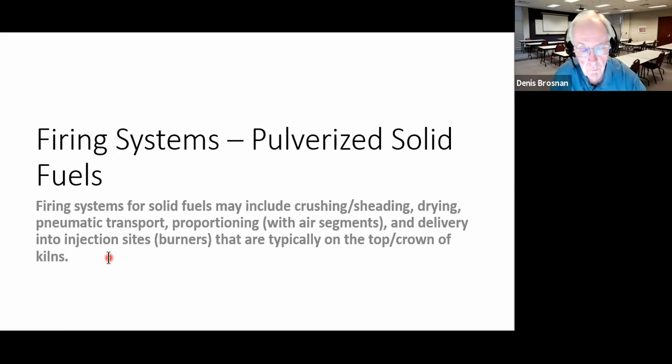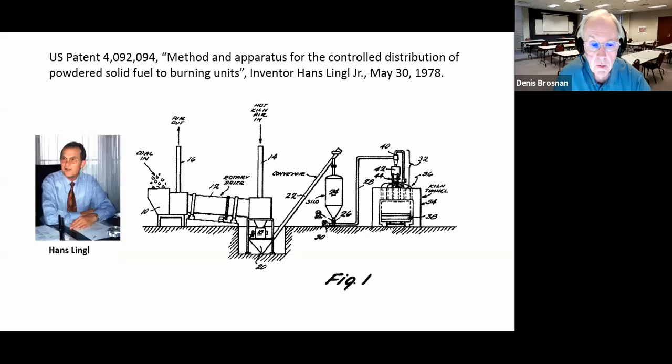You can see them igniting. Particularly coal is interesting because you can see glowing particles dropping down into the kiln as the ignition of the carbonaceous matter takes place on the surface of the particles. Now, I had a friend in the business, Hans Lingel.